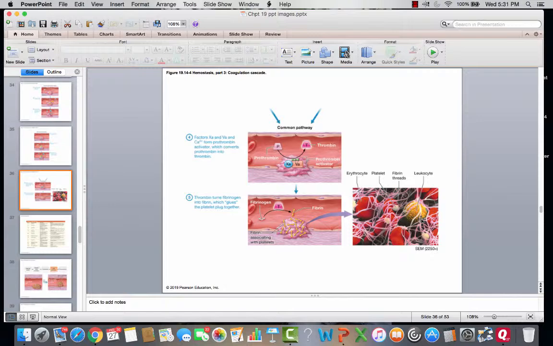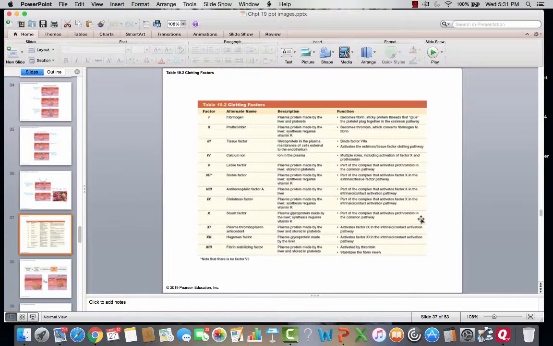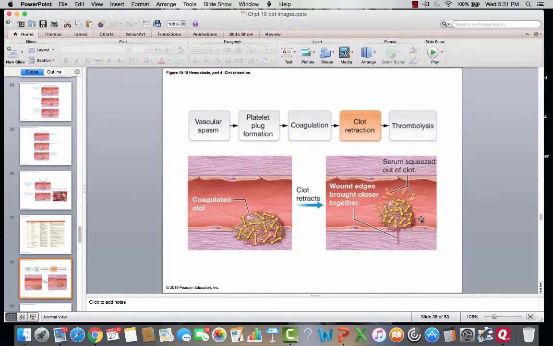The next part of this chain of events, and this is the clotting factors that are listed for you in table 19.2. Again, no need to memorize them. Just understand they're involved in the formation of that fibrin clot. Once this coagulated clot has done its job and the tissue underneath has been repaired, we have to break this down and send it back into the circulatory system.